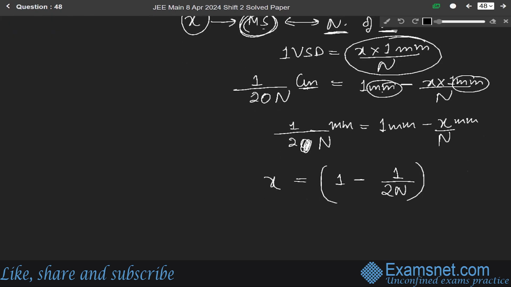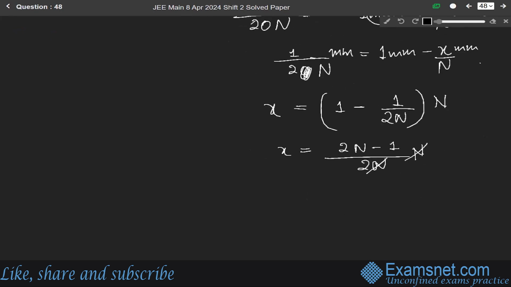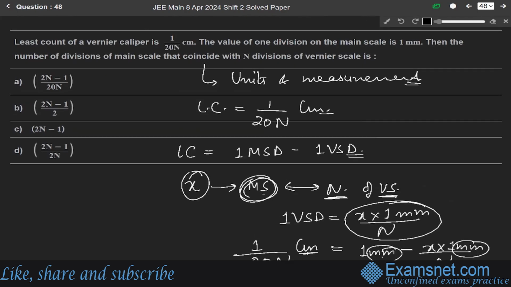Solving it, we get x equal to 2n minus 1 over 2n. Here n is also there, so this n cancels out. So we get x equal to 2n minus 1 over 2. So the correct answer is x equal to 2n minus 1 over 2, means option B is the correct answer.